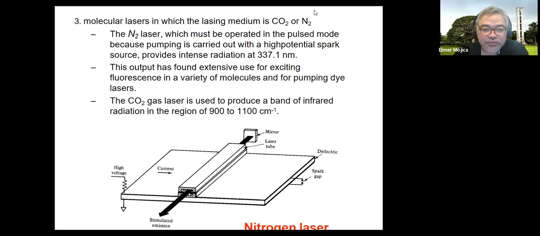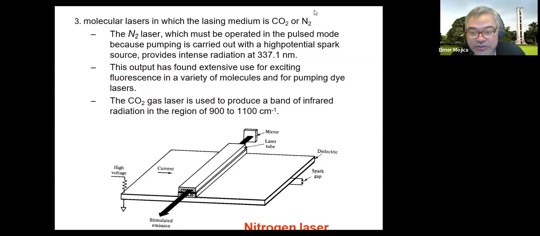The nitrogen laser must be operated in pulse mode because pumping is carried out with a high potential spark source, which provides intense radiation at 337.1 nanometers. Now you might ask, why do we have to know this? Because there are different lines for this laser system, and it depends on which line you are going to use.